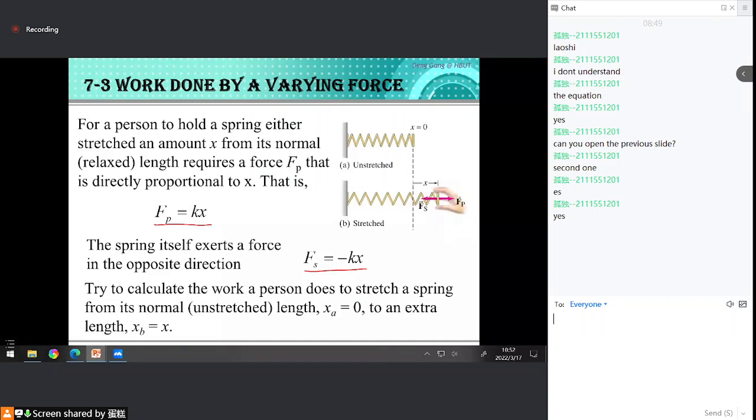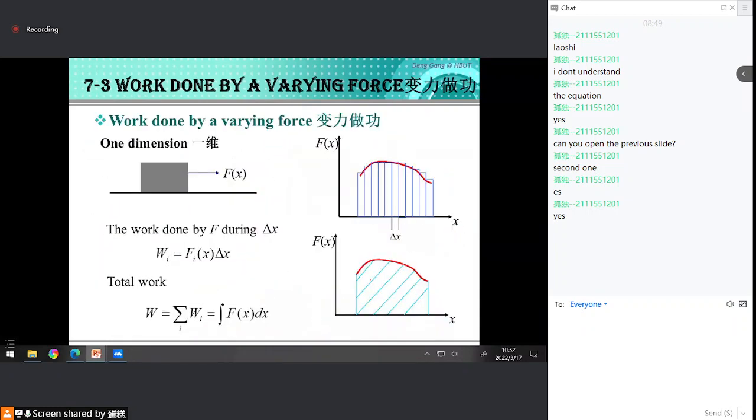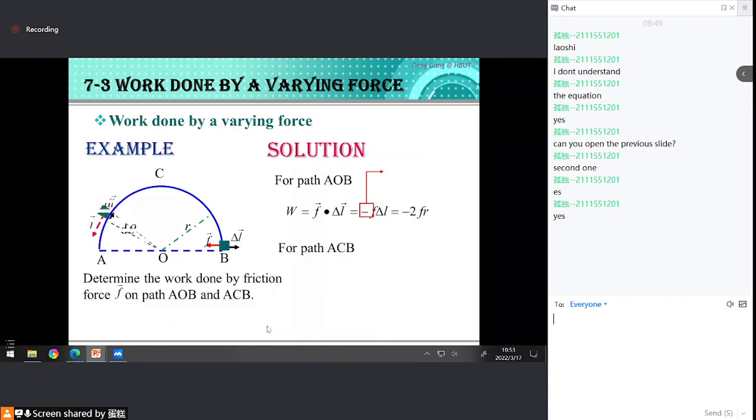And then if you want to calculate the work done by a variable force in x direction, let's choose this equation. The work done by a varying force in x direction can be calculated with this equation, the integration of the force along x direction.